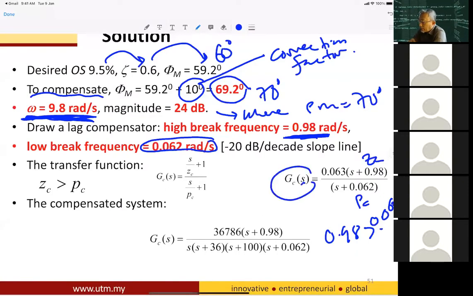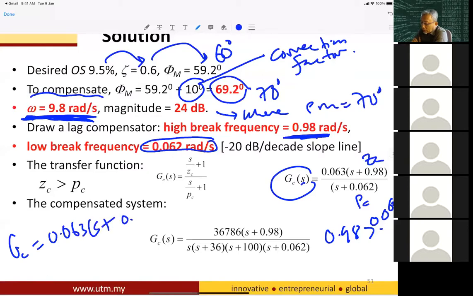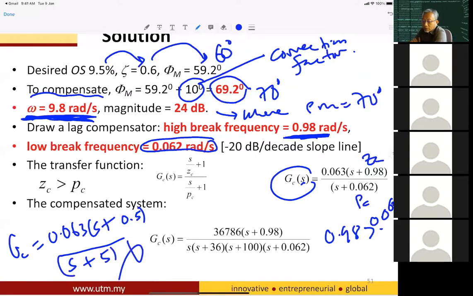But if the student designs the lag compensator with, let's say, 0.5, and the PC is S plus 5, of course the answer will be wrong because the ZC is smaller than PC. So you have to make sure that the ZC is greater than PC.